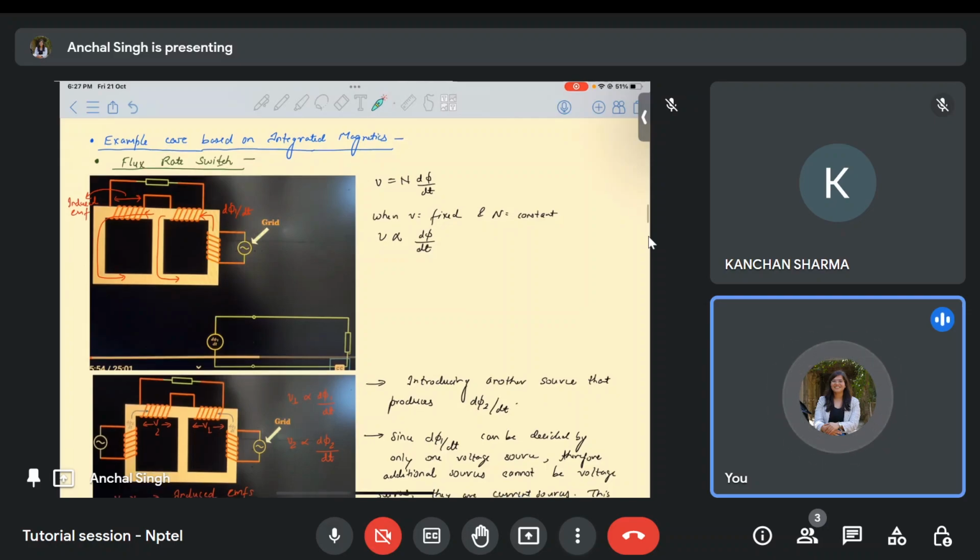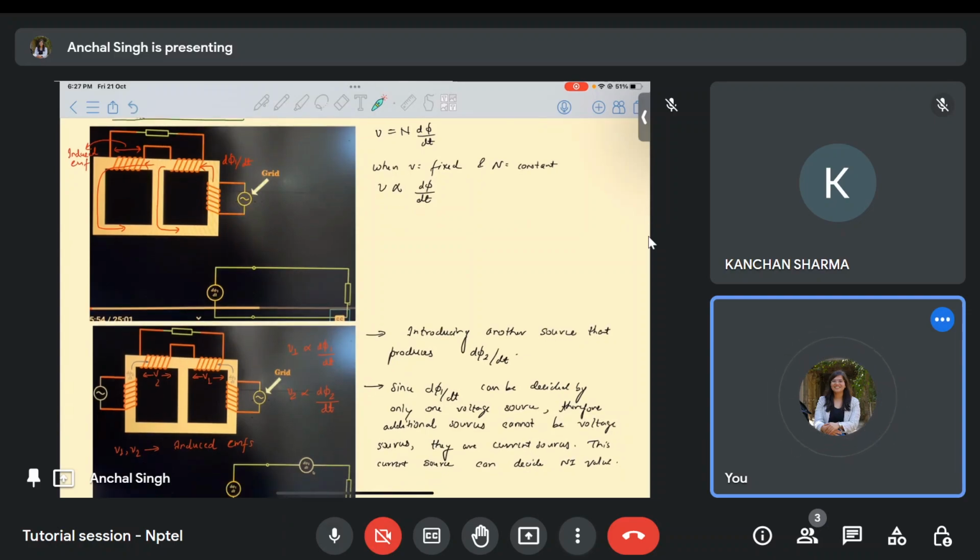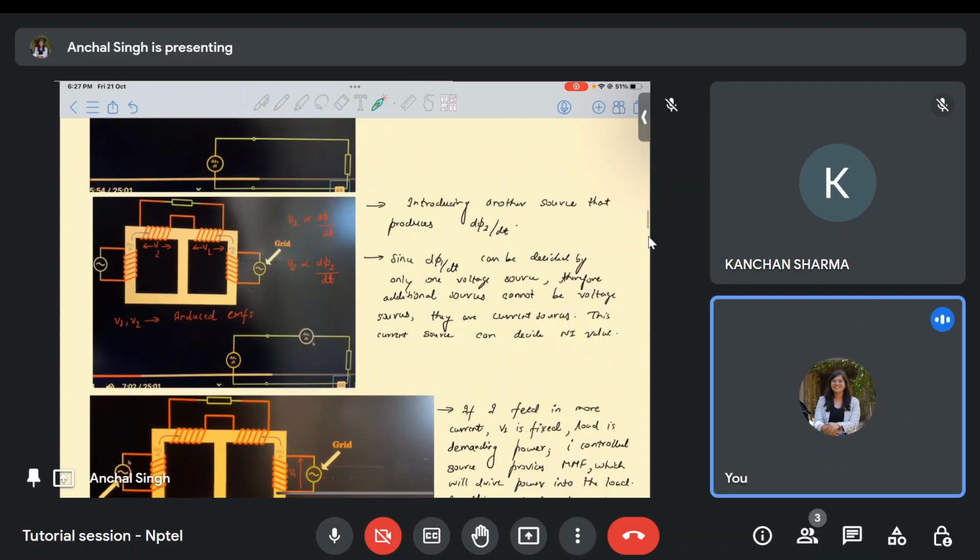Now, to draw an equivalent of this diagram, you can imagine it as this. This grid is creating a change of flux, which we can call d phi 1 by dt. Since EMF is proportional to d phi by dt, we can call the EMF source d phi 1 by dt, and this generated EMF will be given to the load, the green load we have here. This is an equivalent circuit. Now, if to this circuit I connect another voltage source here, initially this was my flux loop.